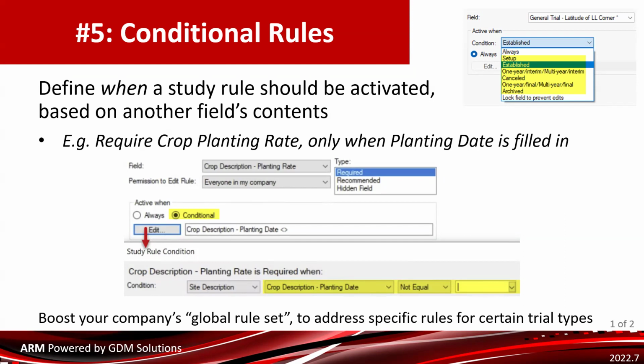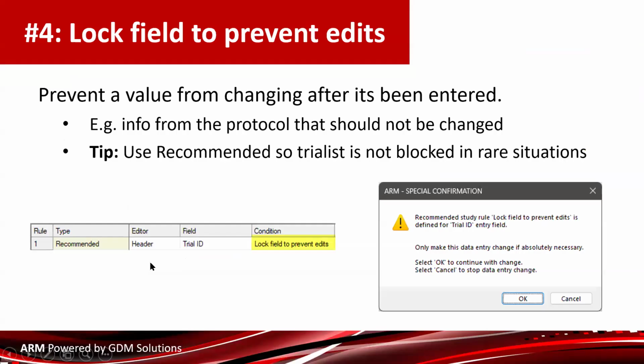I don't know what date it will be. I just want it to trigger whenever the planting date is not empty. Then I know a planting date has been filled in, and thus presumably the crop has been planted. So now I need that rate filled in. This drop down here is really any field in the site description you can use as the trigger point for the study rule that you have.